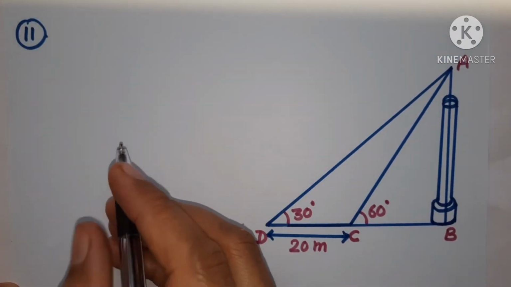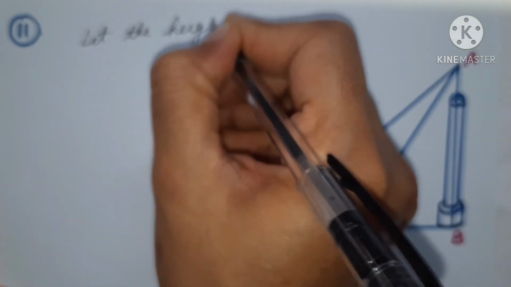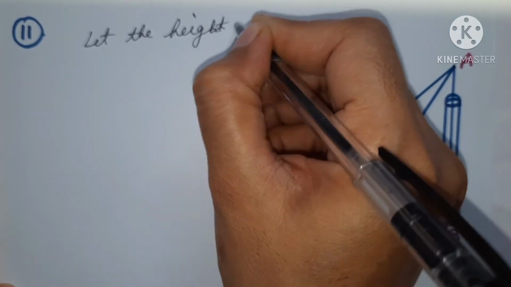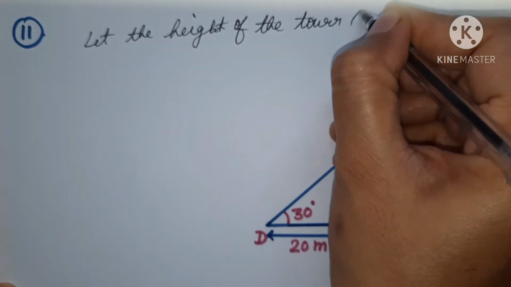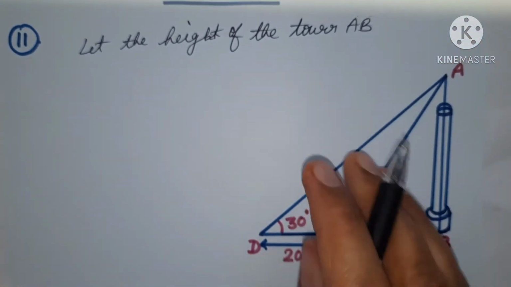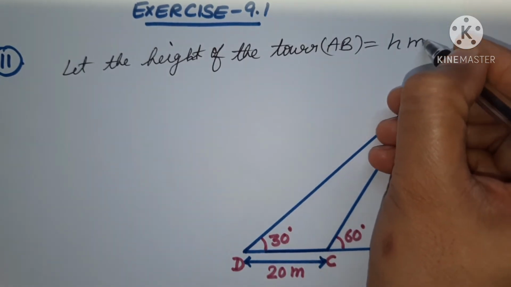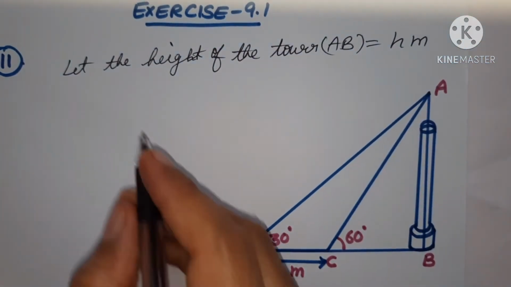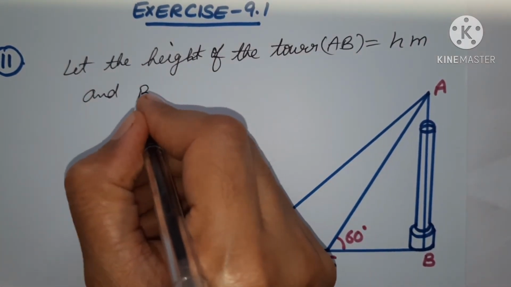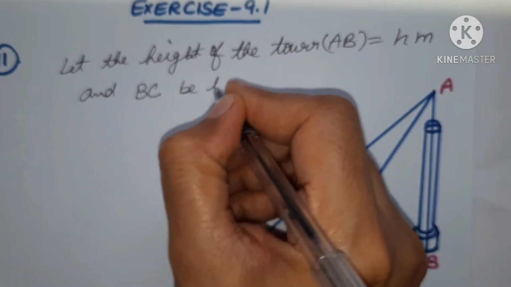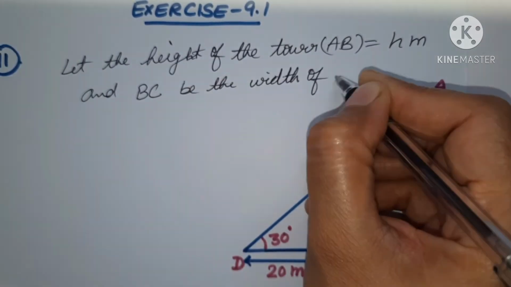First we will write, let the height of the tower AB, which we don't know, be h meter, and BC also we don't know, so BC is the width of the canal.